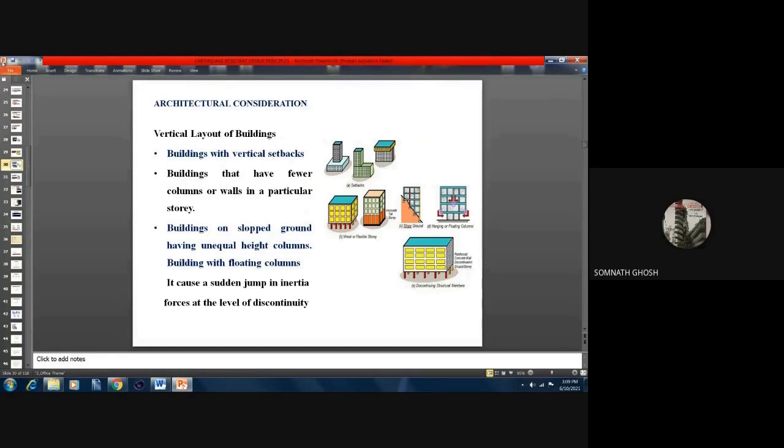Just think of the weak or flexible story. The ground floor columns are extremely flexible, and if you compare with the columns of the upper floor, the ground floor columns are extremely weak.